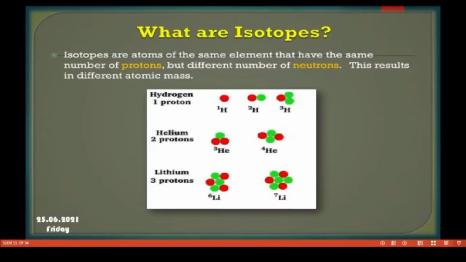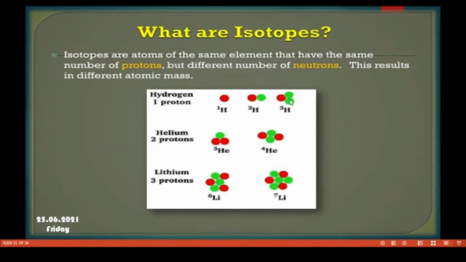See the example. Isotopes are atoms of the same element that have the same number of protons but different numbers of neutrons. If you see hydrogen, this is 1H, 2H and 3H. The atomic number is 1 because there is 1 proton, but the neutrons differ: none here, 1 here, 2 here.